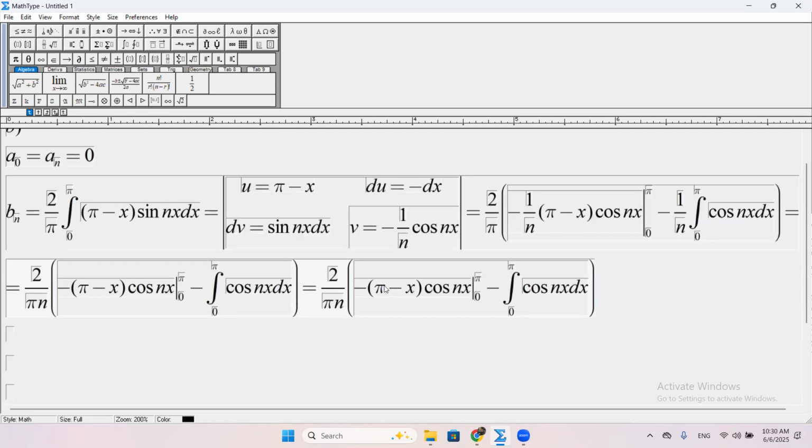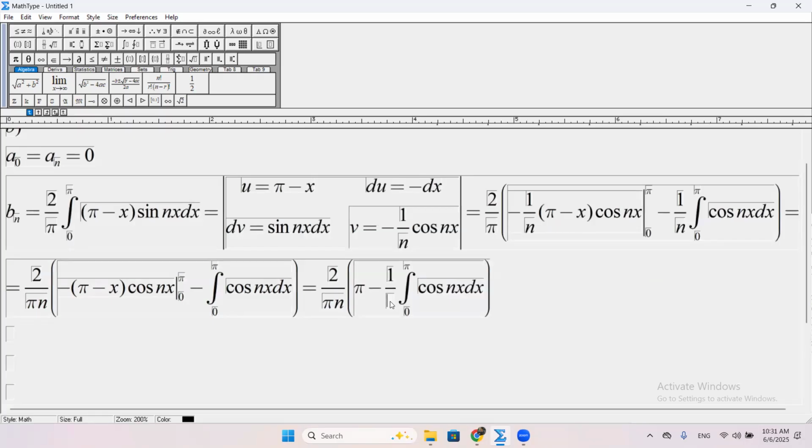So if I substitute here p, I will receive 0. If I substitute 0, I receive p, and p will be subtracted, so it will be equal p. And what about this integral?